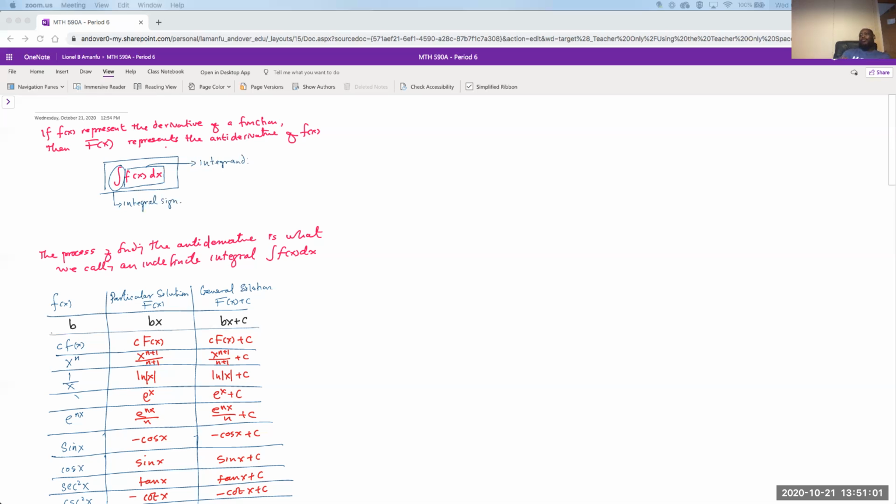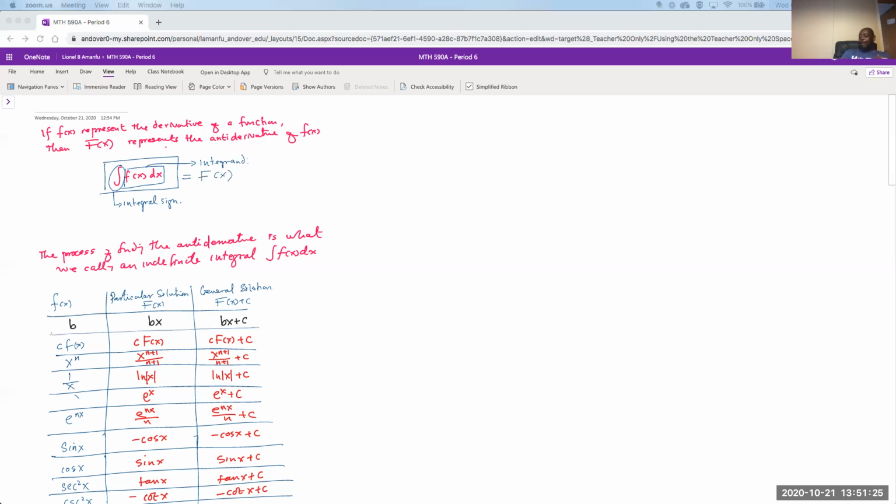All right, so two words that you need to know, the integral sign and the integrand. So all this is saying is the integral sign is indicating to us that you want to find the antiderivative of f of x. And when you find it, that is what we are calling big F of x.